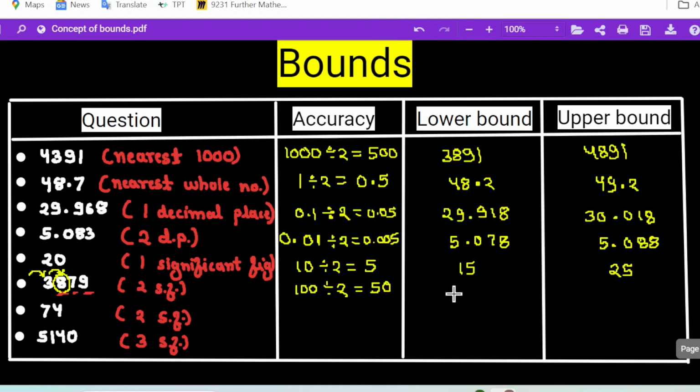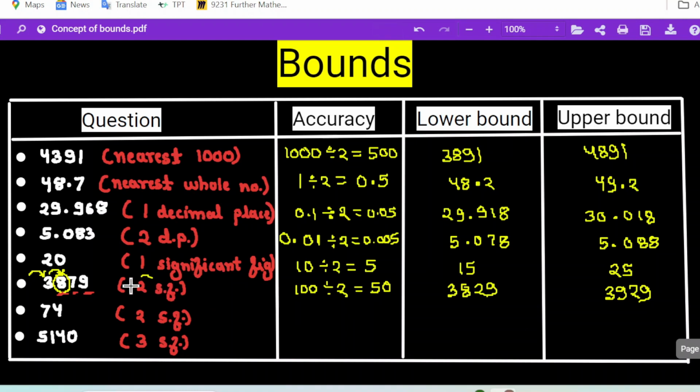To find the lower bound, 3879 minus 50 would be 3829. And when we add 50, it should be 3929. All right, now I want you all to pause the video again and try solving the next one.